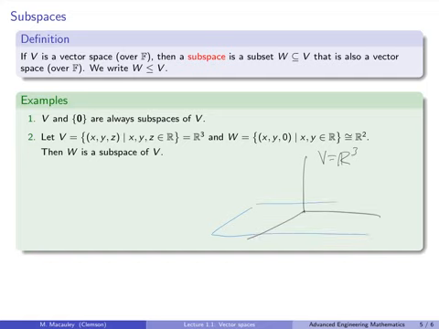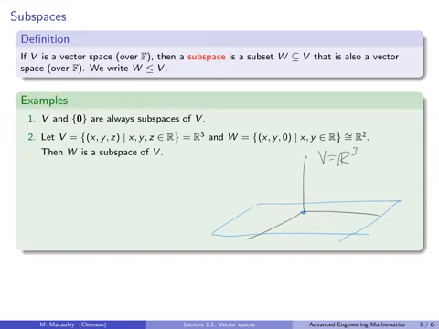So it's the set of vectors whose z-coordinate is 0, and it's clearly a vector space, because if you take any two vectors in here and you add them up, you get something else in this set. And you take anything like this and you multiply by a scalar, you get something in that set as well.